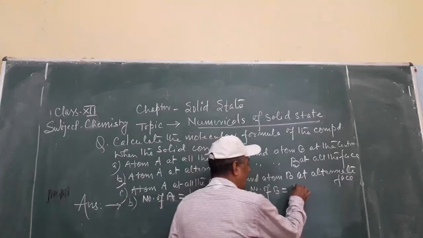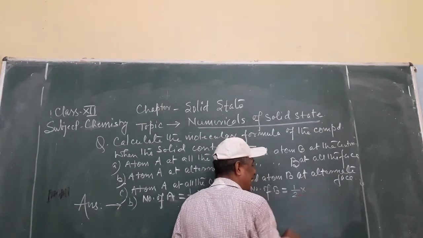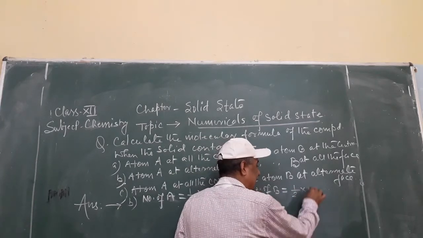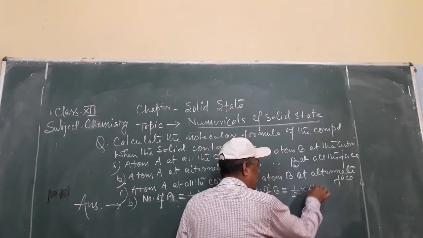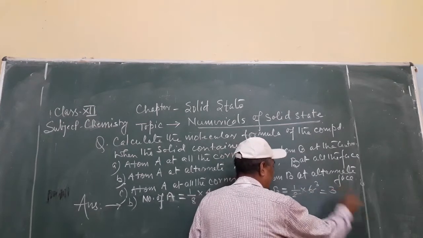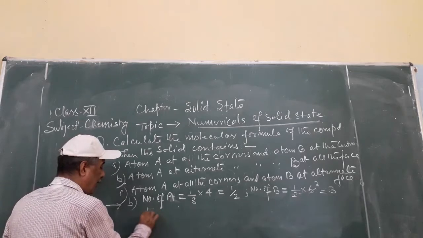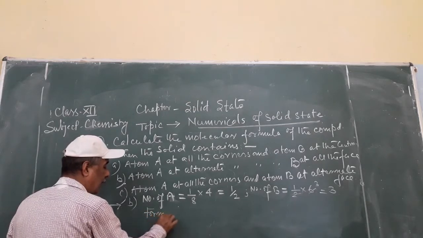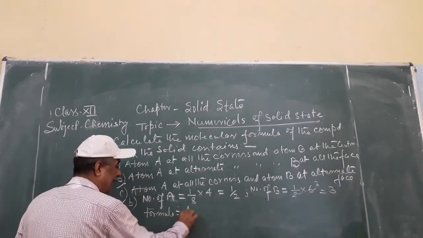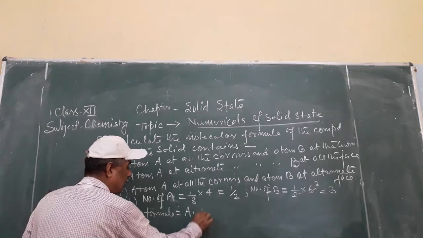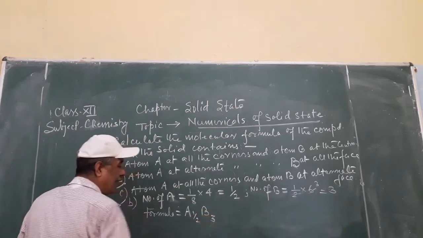So it will be 1 by 2, and there are 6 faces in the cube, so it will be 3. So the formula will be A 1 by 2, B 3.